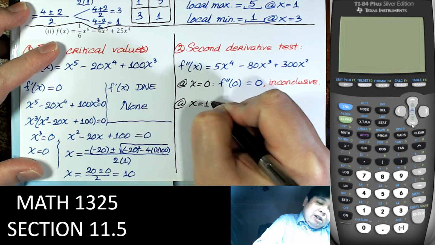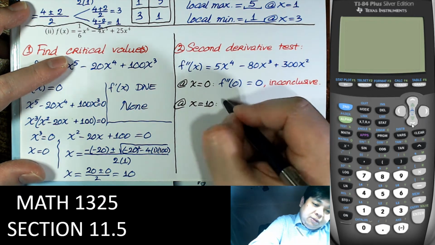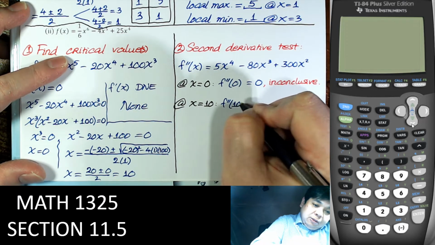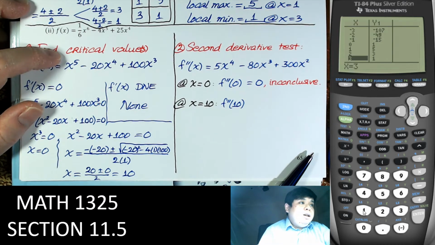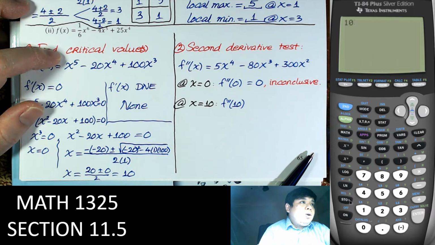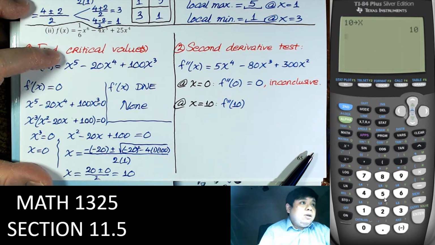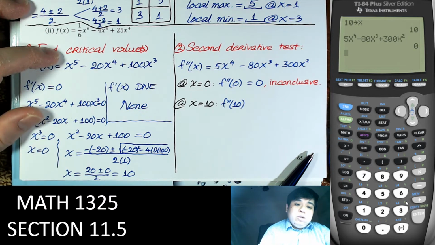Now we use 10. Right, just going to use this. 10 squared, and do this, minus 80x cubed plus 300x squared. That is also 0.